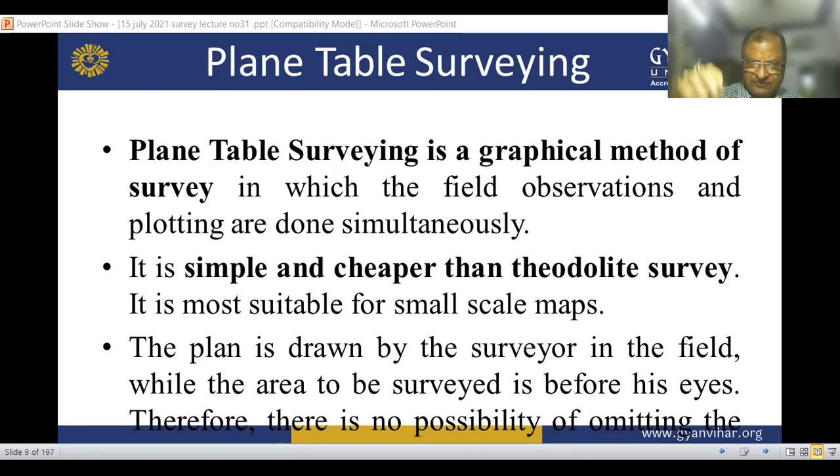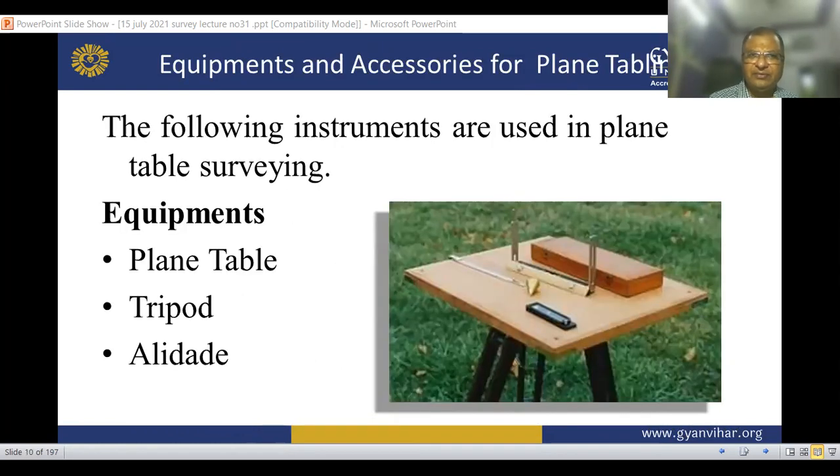It is simpler and cheaper than theodolite survey, and it is most suitable for small scale maps. The plan is drawn by the surveyor in the field while the area being surveyed is before his eyes, and therefore there is no possibility of omitting any detail in the survey.